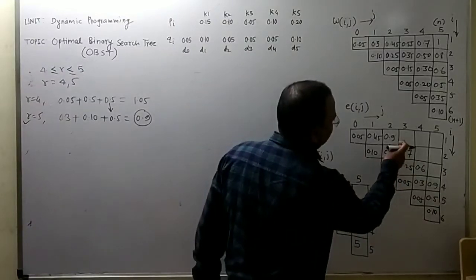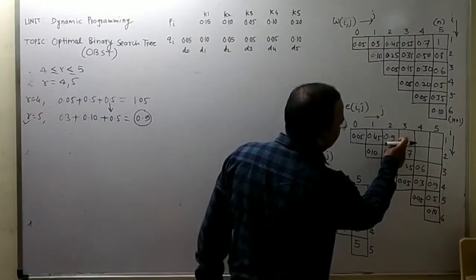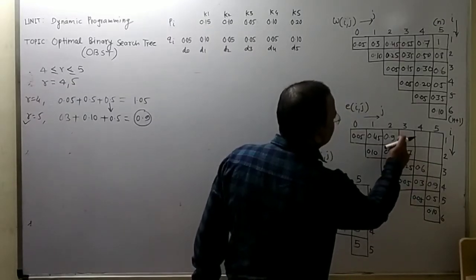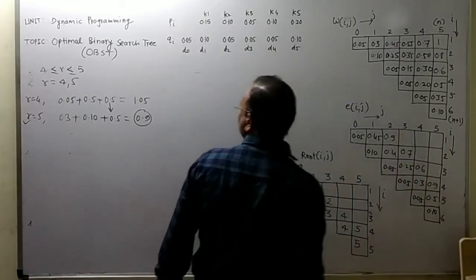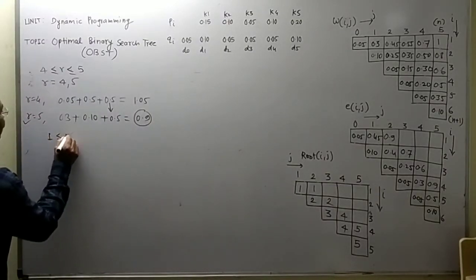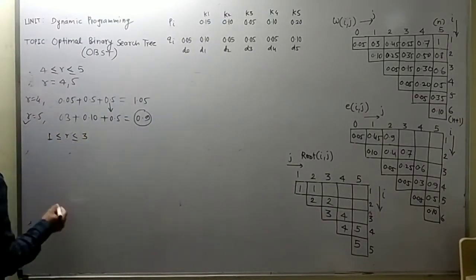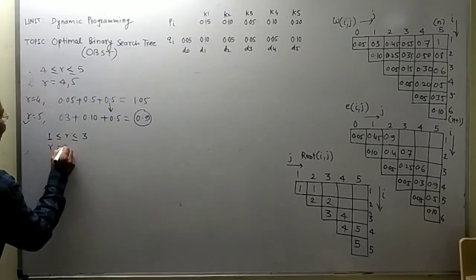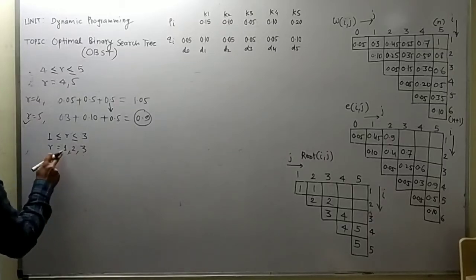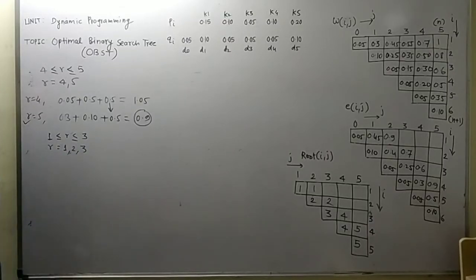After that, try to get the values for this cell, then this one. First we consider the 1, 3 cell. 1 less than equal to r less than equal to 3. R varies from 1 to 3.